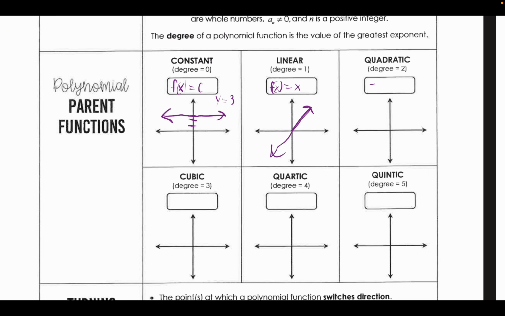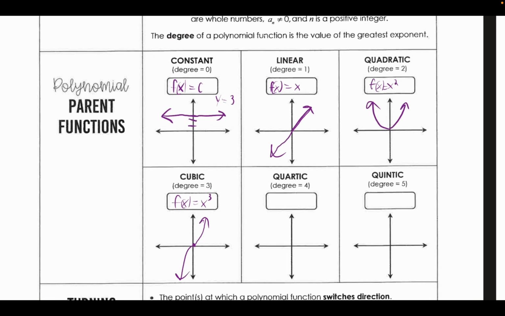Quadratic is a degree of 2, so f of x equals x squared, and it follows this U shape that we call a parabola. Cubic is a degree of 3, so f of x equals x cubed, which follows this general shape, passing through the origin as well. You'll notice all of these do, except for the constant function, not necessarily passing through the origin.